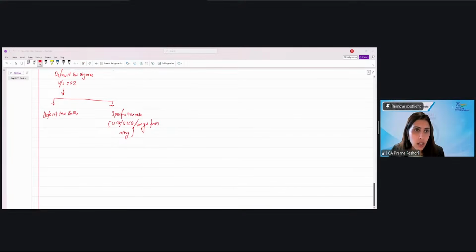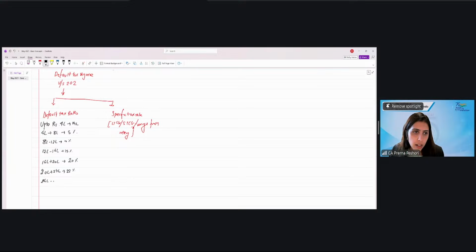Up to rupees 4 lakh, nil. 4 lakh to 8 lakh, 5%. 8 lakh to 12 lakh, 10%. 12 lakh to 16 lakh, 15%. 16 lakh to 20 lakh, 20%. 20 lakh to 24 lakh, 25%.